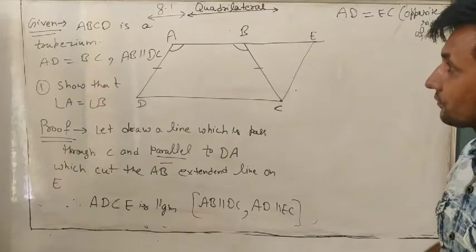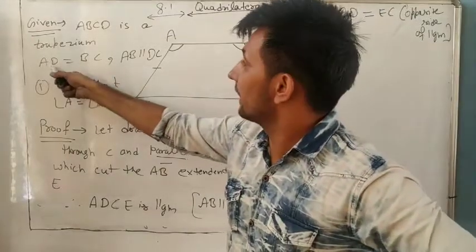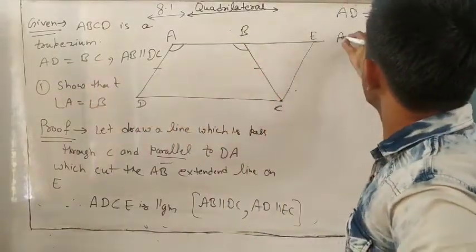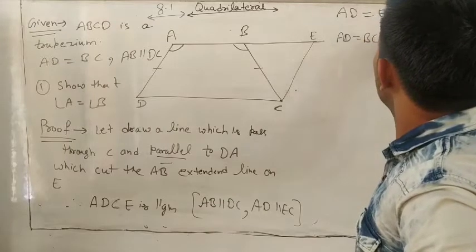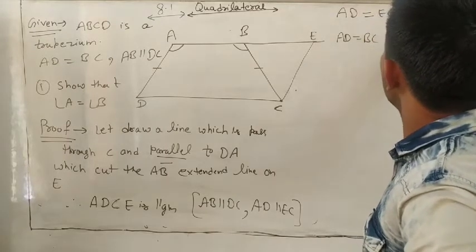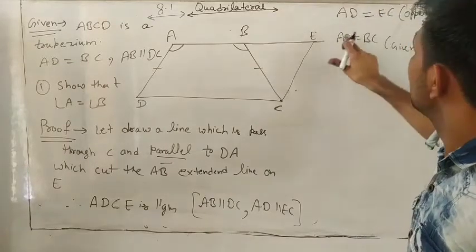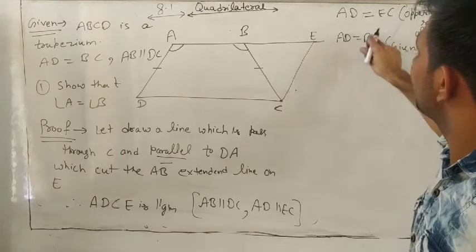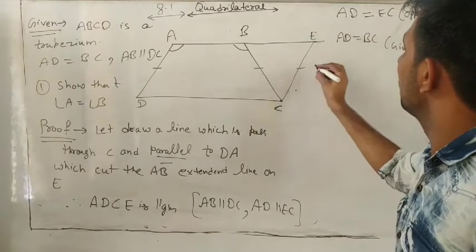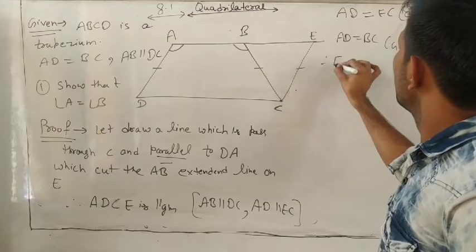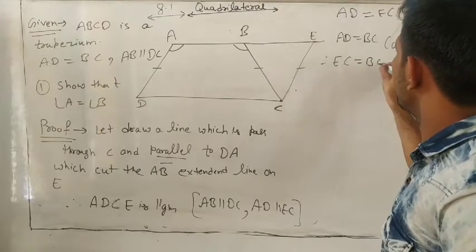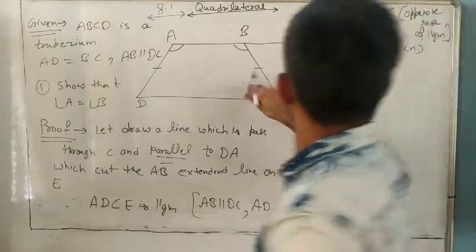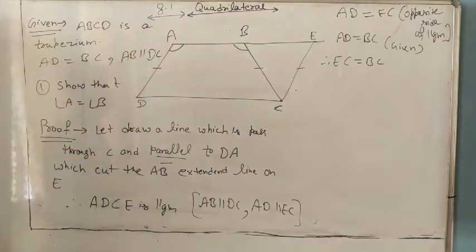And we know in the given question AD equals BC is also given. It means AD equals EC and AD equals BC. So EC and BC are also equal. Therefore EC equals BC. Understand?